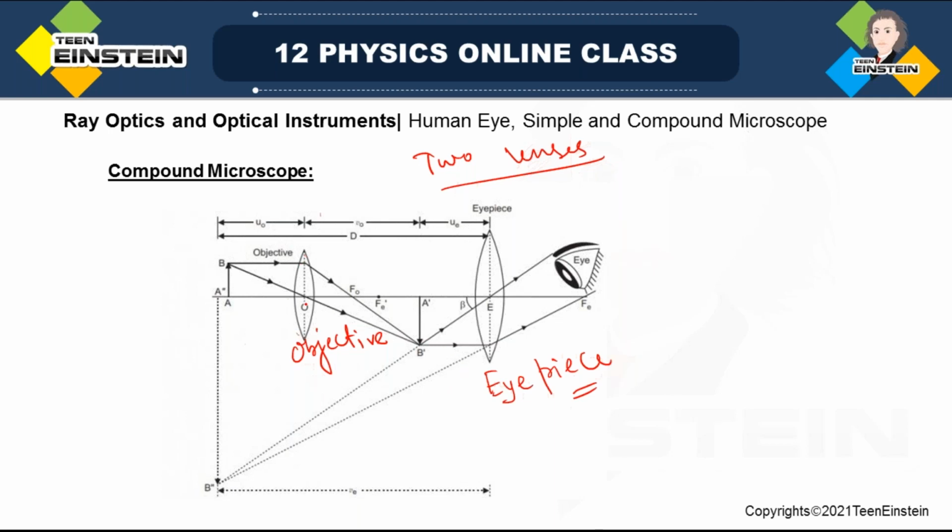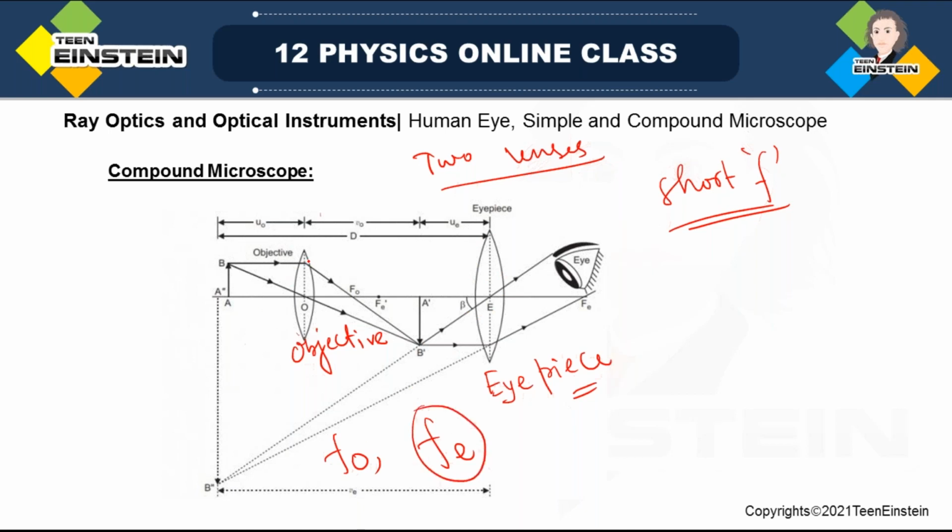Both of them have a short focal length. For magnification, you need a short focal length. For the objective lens, the focal length is written as FO, and for the eyepiece, the focal length is denoted by FE.